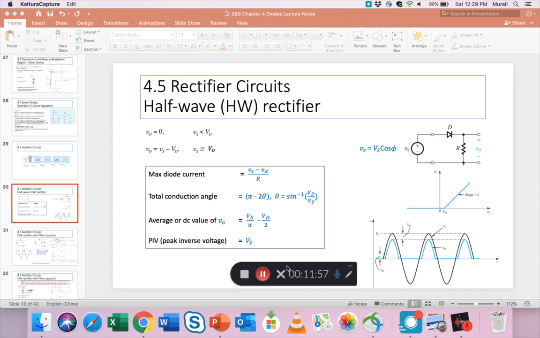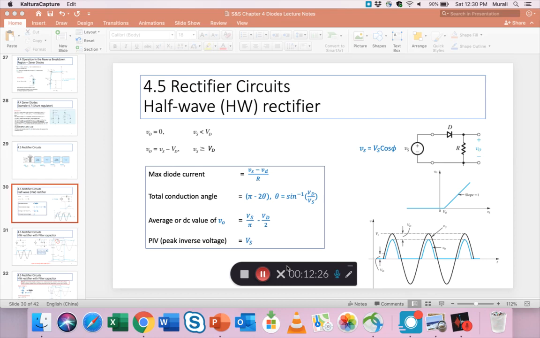So if you look at the AC waveform below the last figure, you'll see the blue part of the waveform is the output voltage. That is the voltage that appears across the resistance, and the black parts of the waveform are all just the input waveform, which is a pure AC waveform.